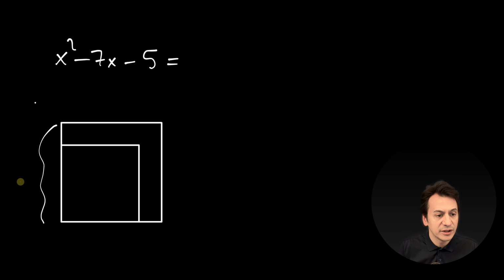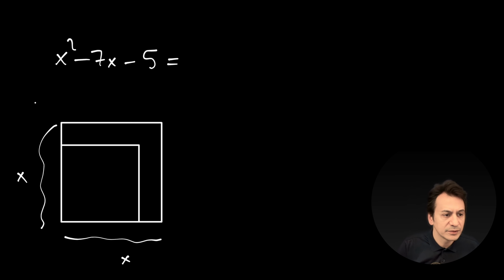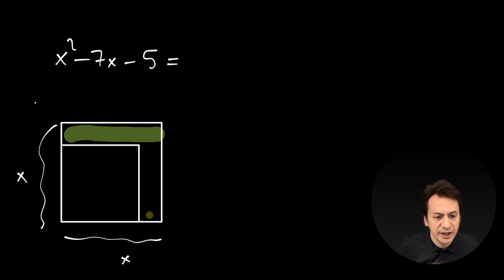Okay, there is x. And I subtract, okay, this subtraction, the area 7x comes from two rectangles. Now, half comes from here, I know that, and half comes from here, right?